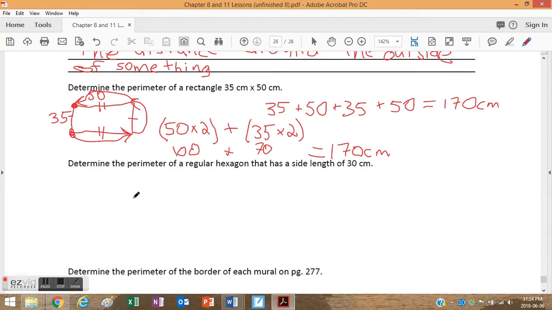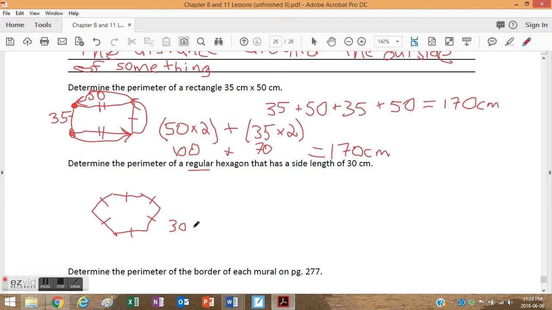Okay, so what about this guy here? Determine the perimeter of a regular hexagon that has a side length of 30 centimeters. So we've got to figure out, okay, hexagon. So that's a 6-sided figure. Each side is 30. I'm going to draw some little ticks in there to help us see that in spite of my drawing, they're all the same size. We know that because it's a regular hexagon. That means all the sides are the same.